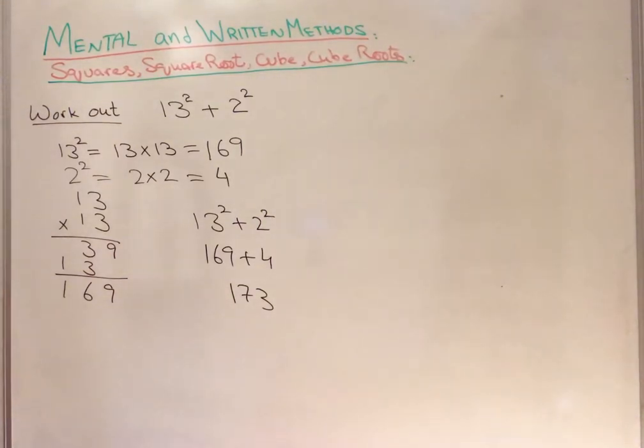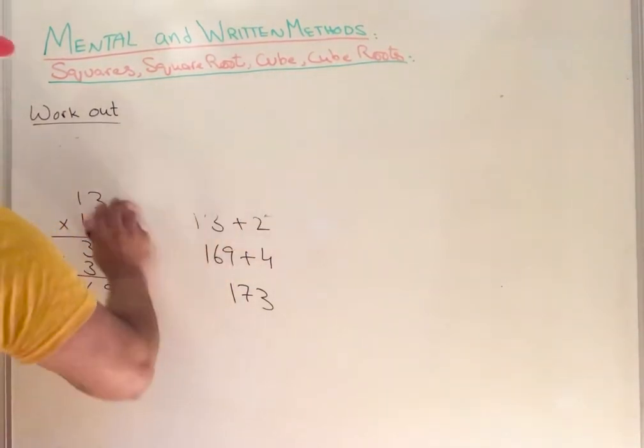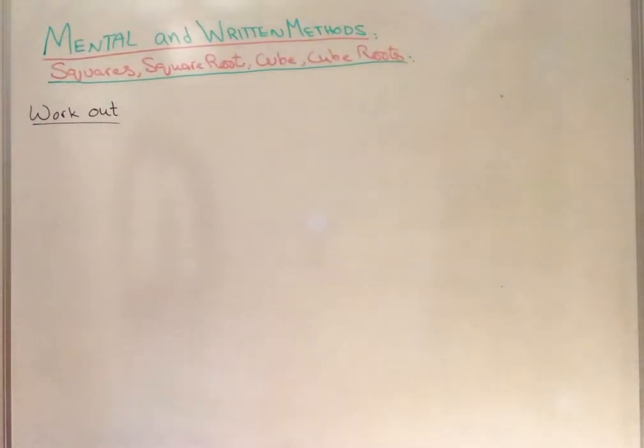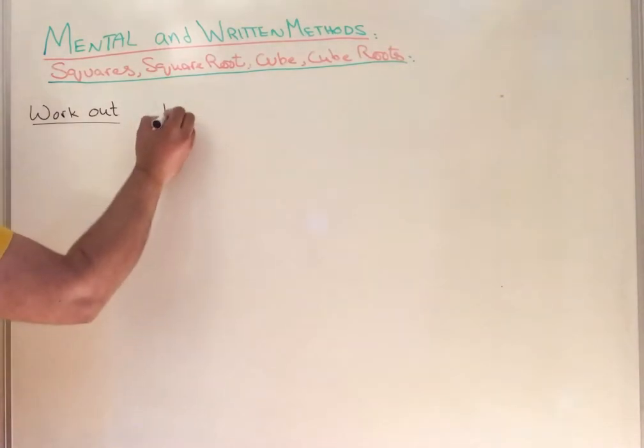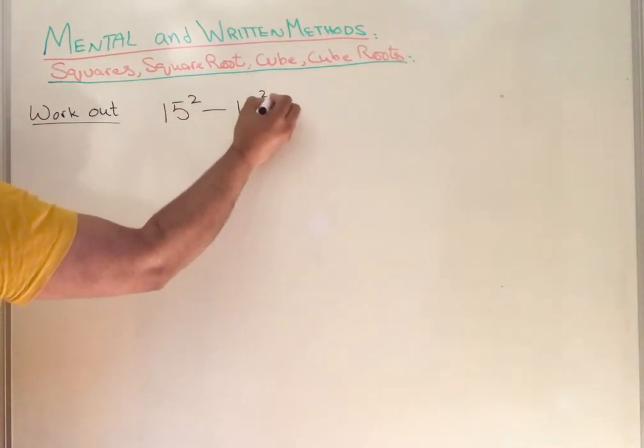Now we are moving on to the next example. Let's see what it will become. 15 squared minus 12 squared.